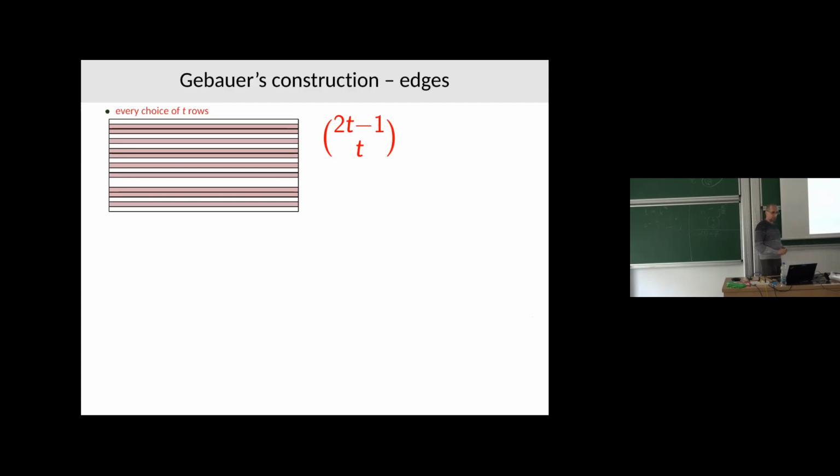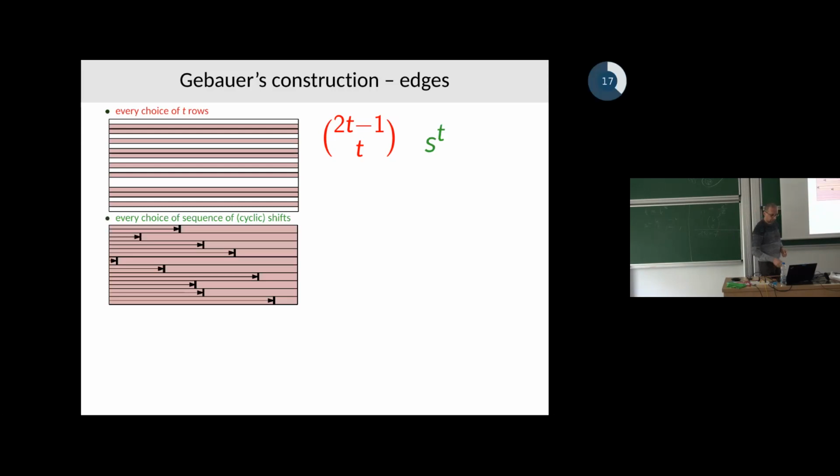We choose t rows from the 2t minus 1 rows. You can recognize this formula from before. This formula on the right just shows the number of choices we have in the consecutive phases. So in the first phase, we have this number of choices to choose the set of rows that we are going to work with.